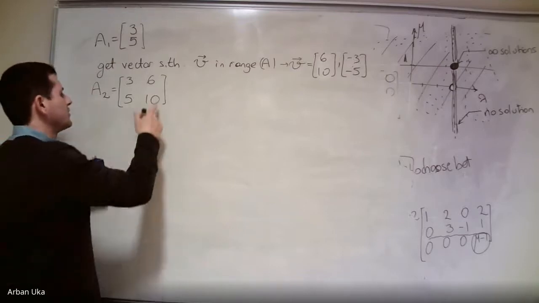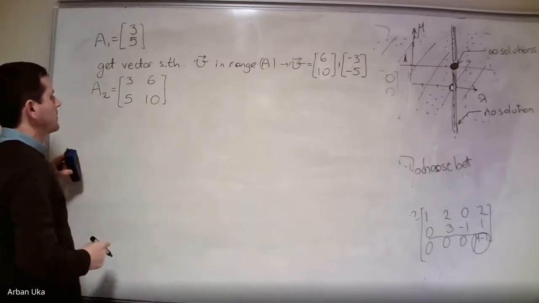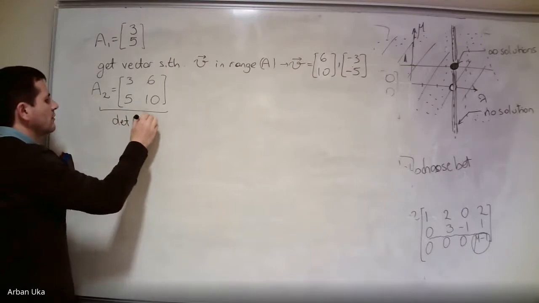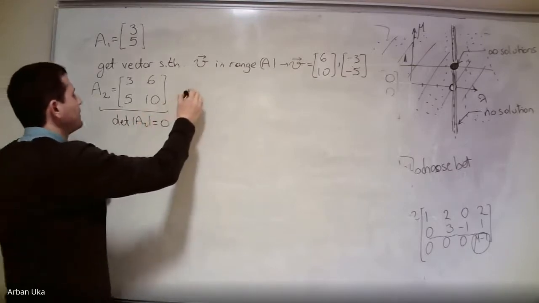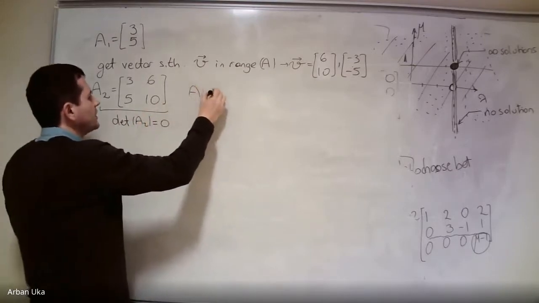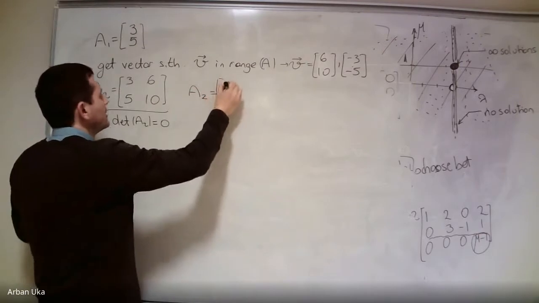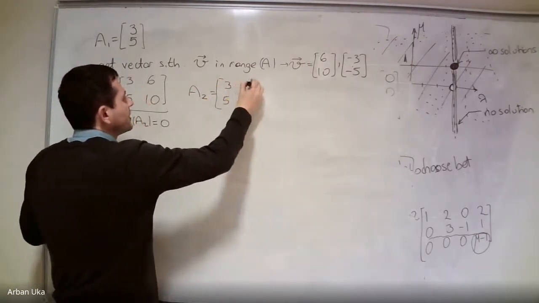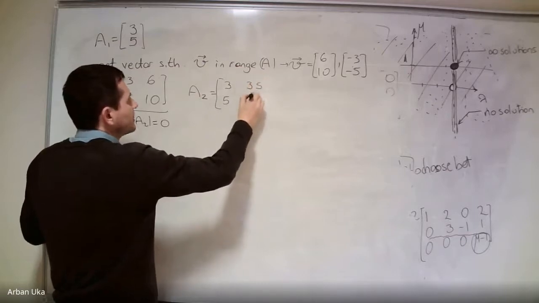What is the determinant of this matrix? 0. That's true. So here the determinant of A2 is equal to 0. Let's have another A2, which is equal to 3, 5, and let's write the other one like this, 3s and 5s. Would you agree?